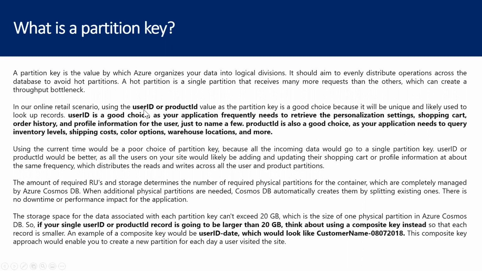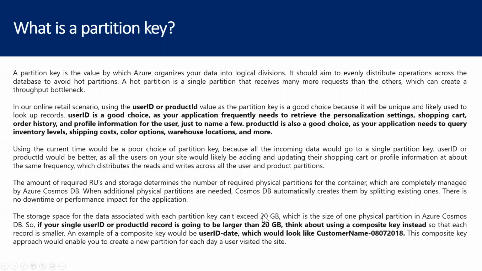So you can create user ID as one partition and product ID as another partition, but a user ID partition can grow to a maximum of 20 GB. Again, it is not the same as a table. Logically, you can imagine you are structuring your data in different partitions. Here you can see another example.